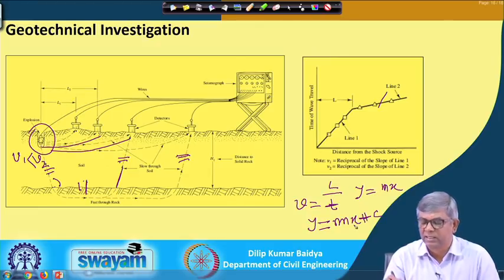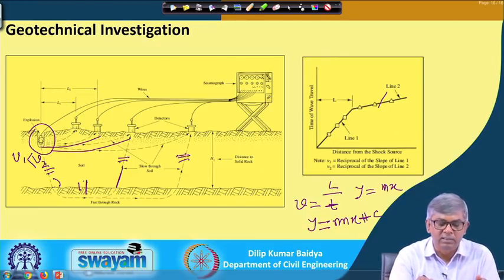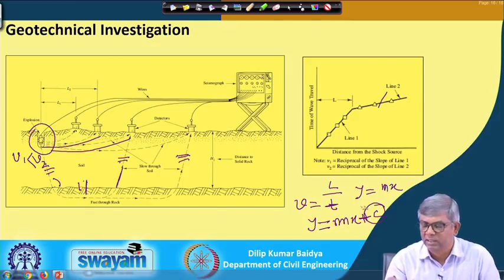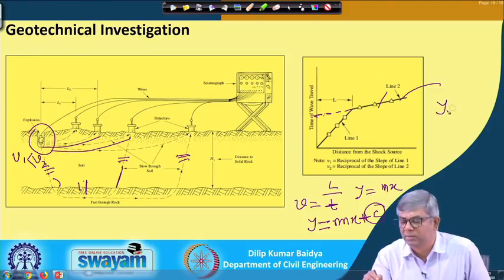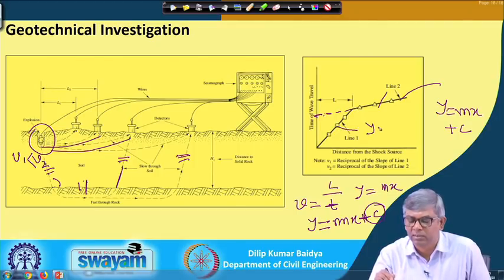The time to travel this distance divided by velocity, whatever time, is becoming the constant. So, this is c. That is why, if I extend this line, you can see the equation of this line is nothing but y equal to mx plus c, whereas this line is y equal to mx.